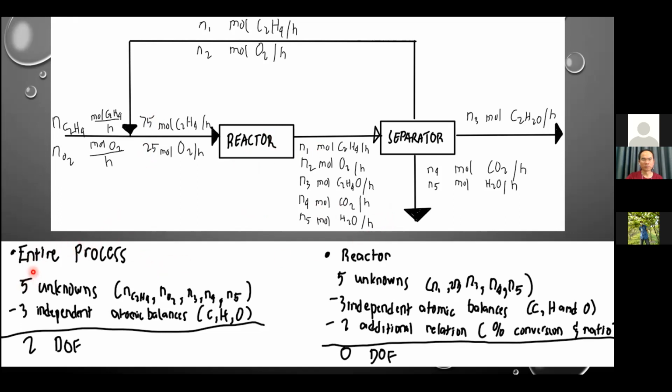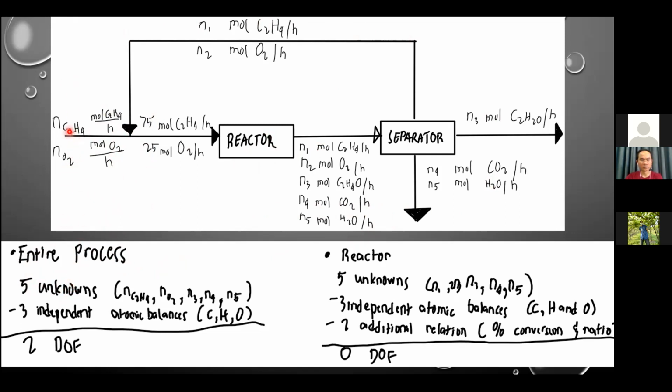So let's start with the entire process first. Imagine this will be the whole system. We're going to examine the whole system. So there are 5 unknowns, right?